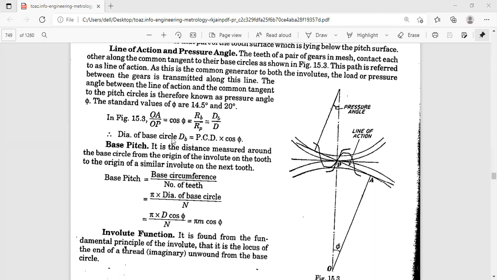So what is OA? OA is the base radius, and OP is the pitch radius. Again I'll repeat: OA is the base radius, and OP is the pitch radius.